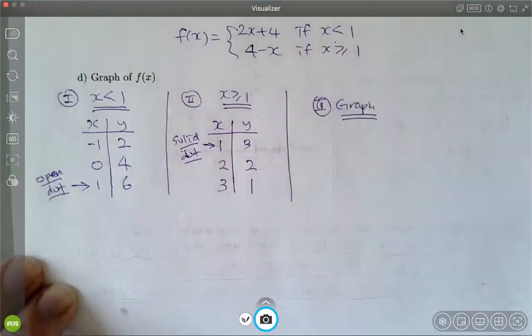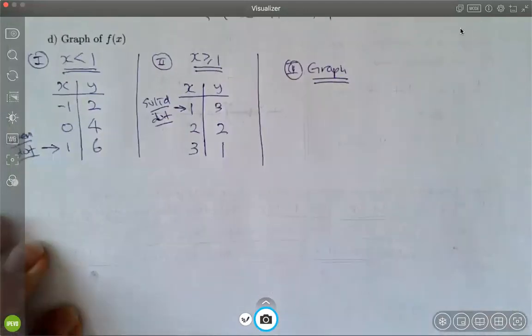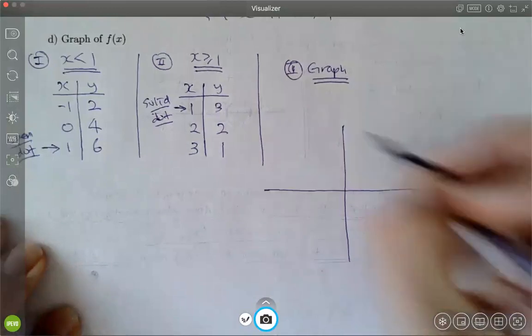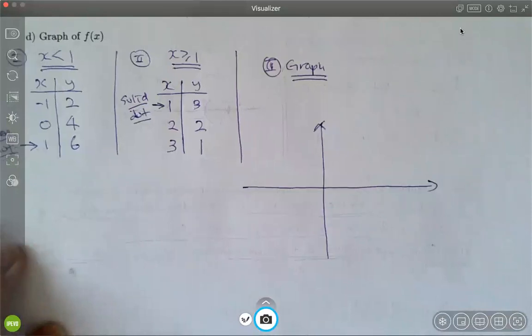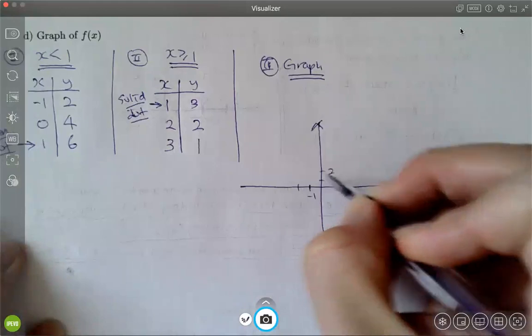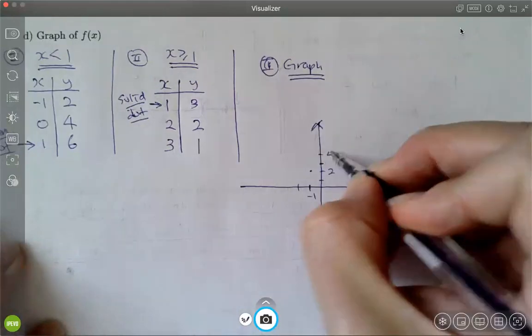Okay, so graph. And let's see, I guess it's better to go down a little bit. So here's the xy plane. And -1, 2. Okay, so -1, 2. So somewhere here, 0, 4, that's here.